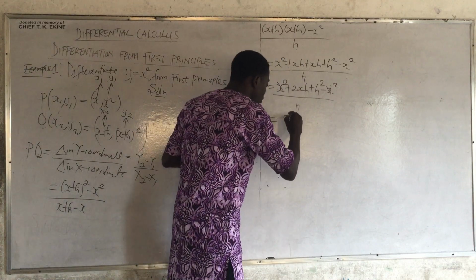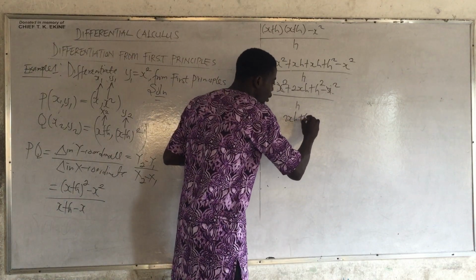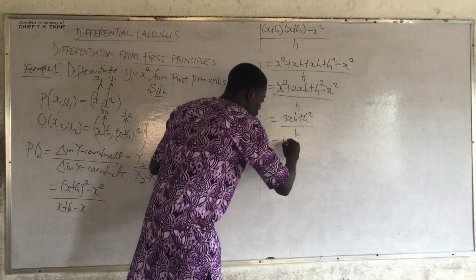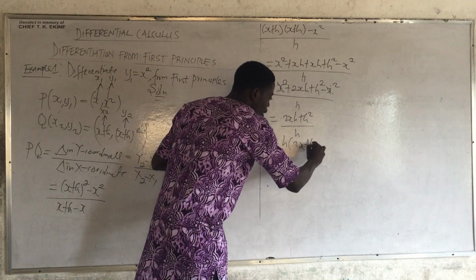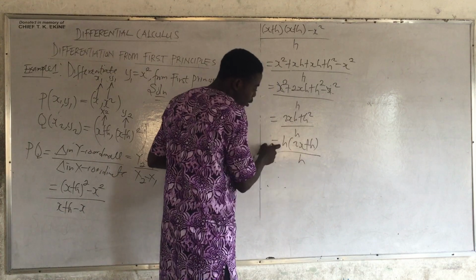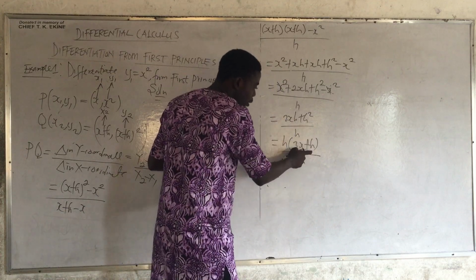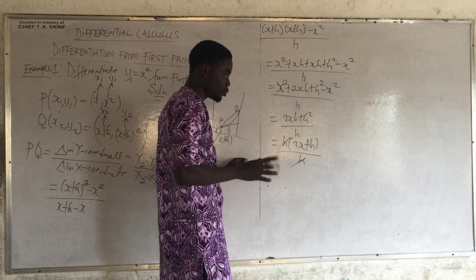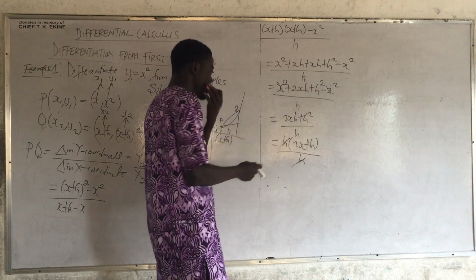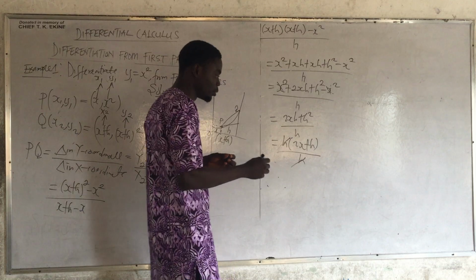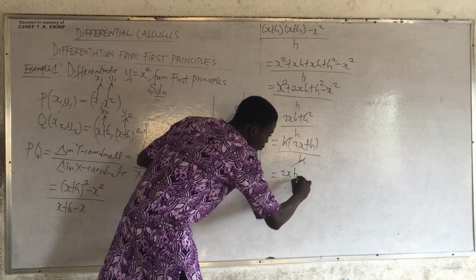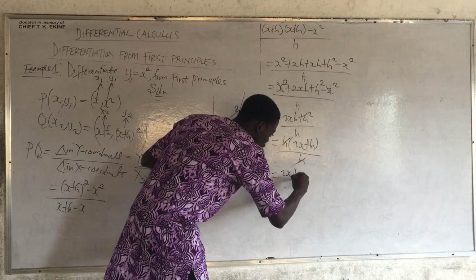We have 2xh plus h squared all over h. You factorize. Take out h, you have h into 2x plus h all over h. h times 2x is this, h times h is this. This cannot cancel this conveniently. Let's stop all those premature calculations. So in that case, you have 2x plus h.